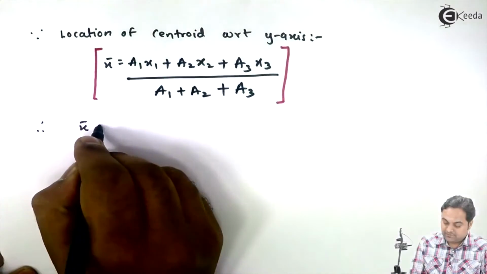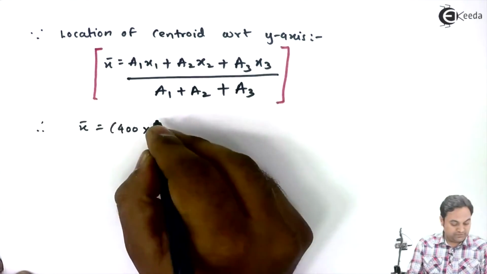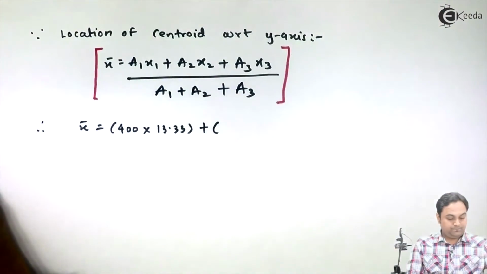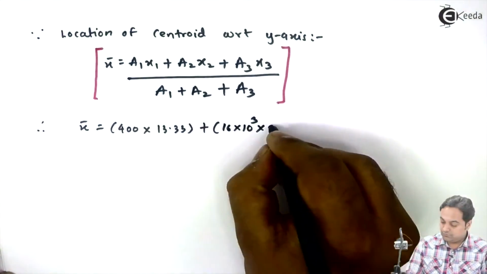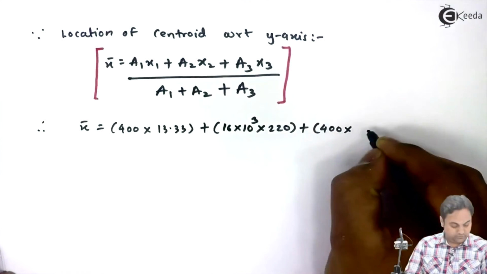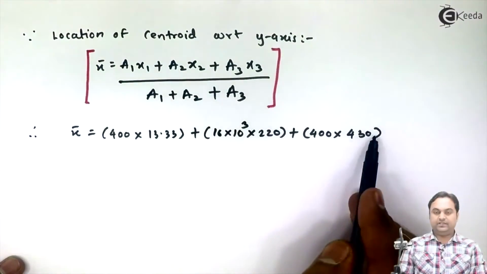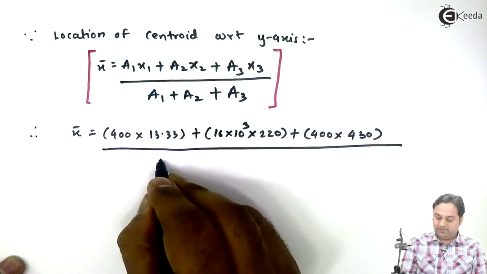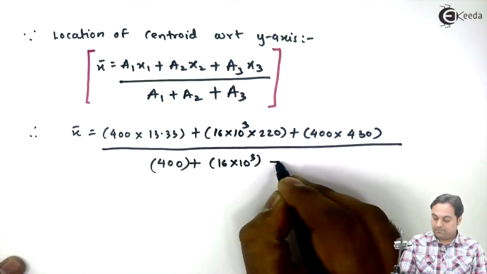Therefore x bar will be equal to area 1, that is 400, into x1 13.33, plus area 2, 16 into 10 raised to 3, into x2 220, plus area 3, that is 400, into x3, that is 430, divided by area 1 plus area 2 plus area 3.